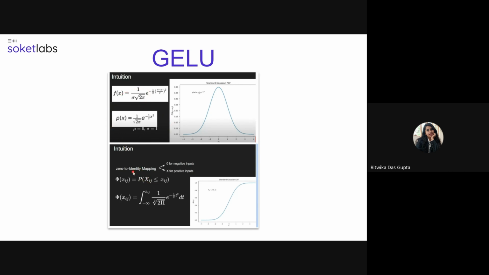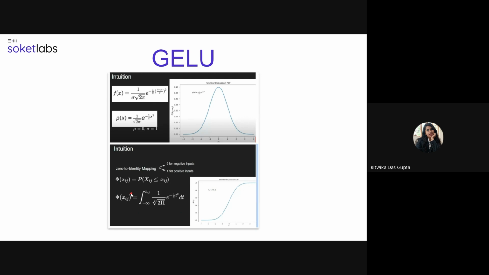So in GELU, it will map the negative inputs to 0 and the positive input to the input itself. So what it does is that for larger values of x, it should be multiplied with 1, and for specific values of x, it should be presented as less than or equal to a specific value.